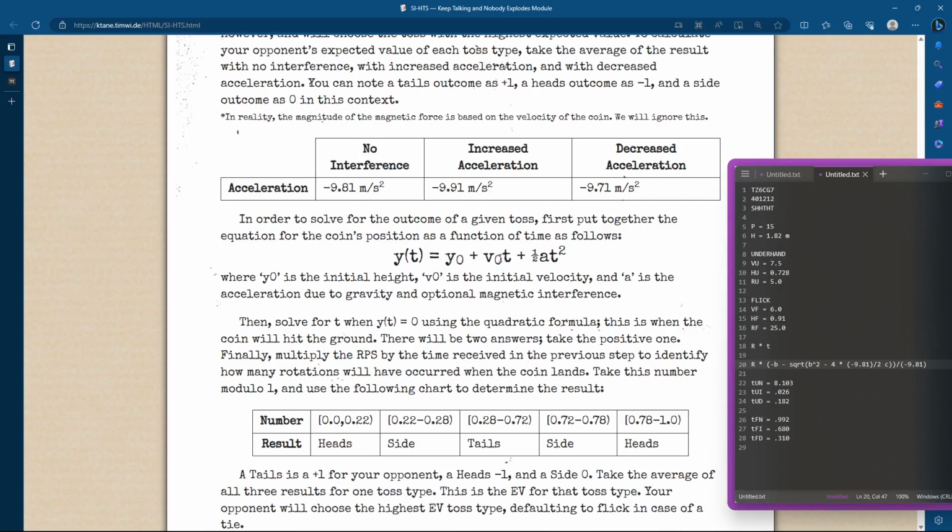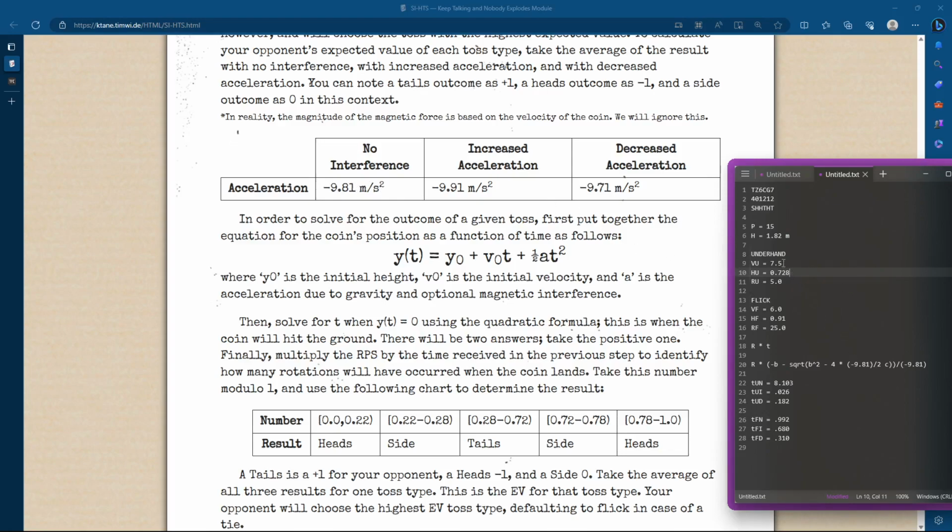Now, what is b? Well, b is the one that goes next to the singular x, or in this case the t, and that is v naught, which is the initial velocity, which we solved for up here. So let's actually solve it at first for an underhand throw of the coin at no interference with the acceleration due to gravity.